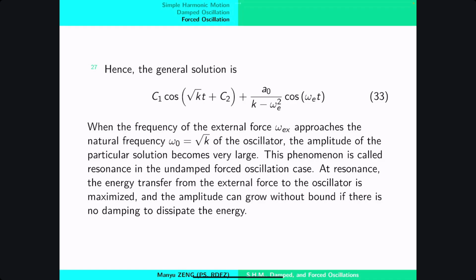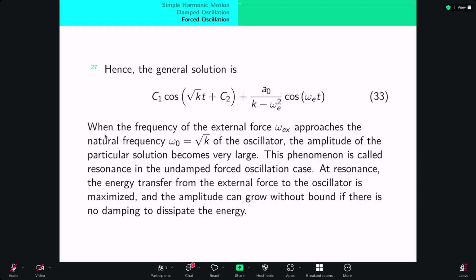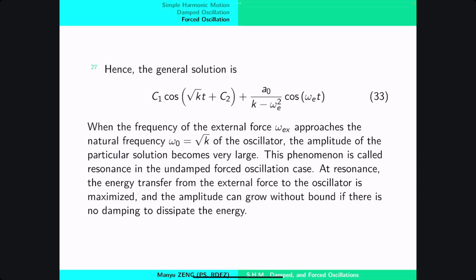So when you push a swing, when the swing goes far away from you, you push it, when the swing is approaching you, you pull it, and when the swing is going another direction, you push it, and then you will always be doing positive work to the system, and the system will have more and more energy.